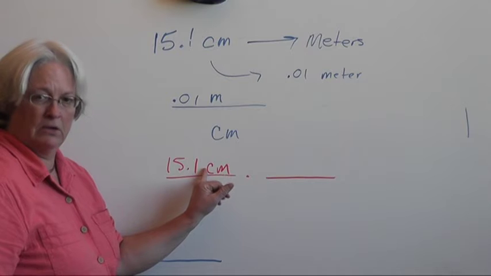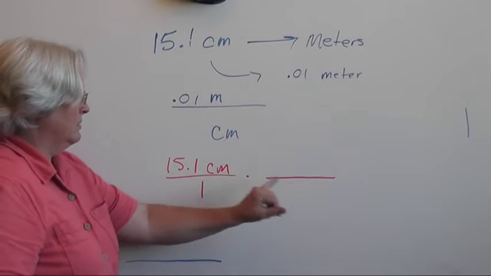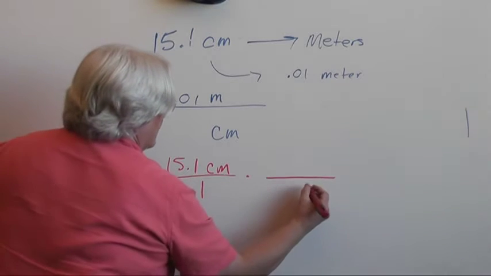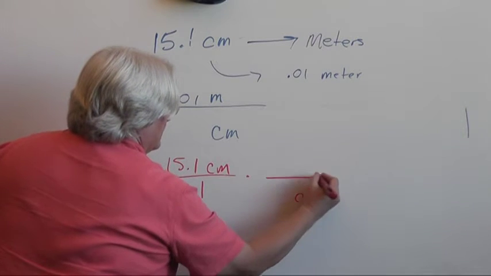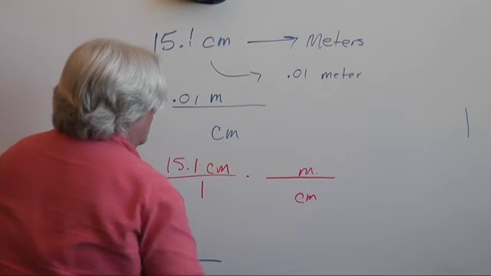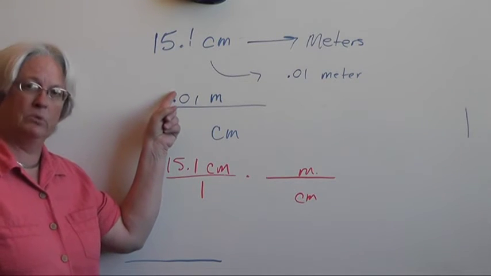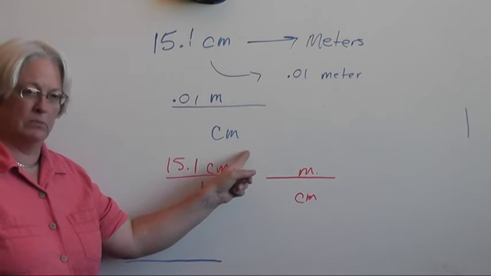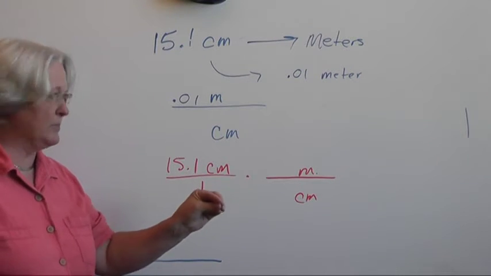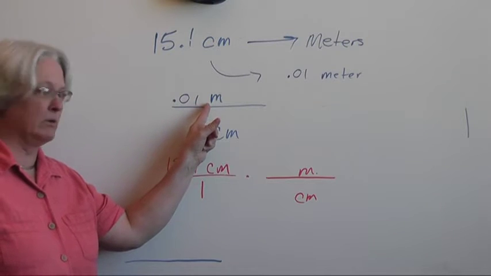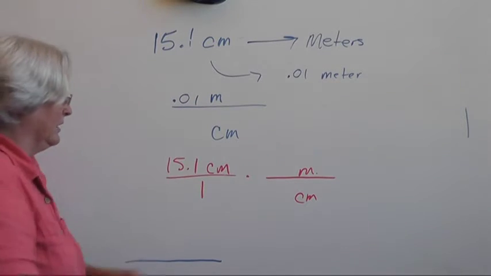So if we have centimeters in the numerator, we're going to have centimeters in the denominator, right? We have a relationship that we have determined exists up here. There's a relationship between meters and centimeters. And that relationship is that 1/100th of a meter is equal to 1 centimeter.